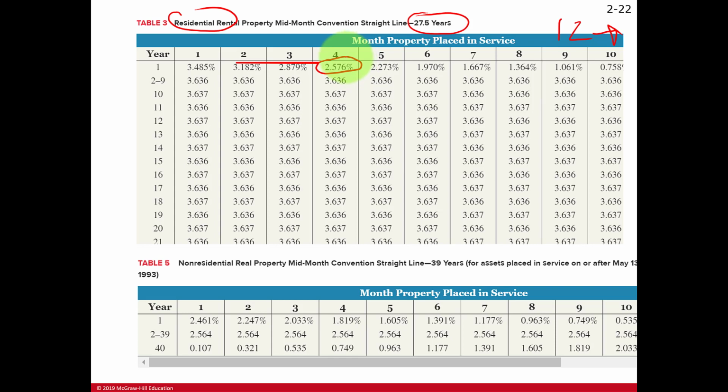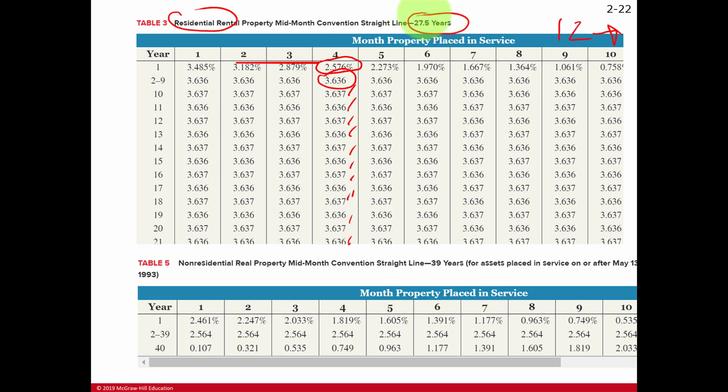Again, you don't depreciate the land costs. Then the next year, you just move down this column. You stick within this April column and use this as your annual depreciation. Notice how it's kind of steady for the rest of its life, because that means it's straight line all the way through 27 and a half years.